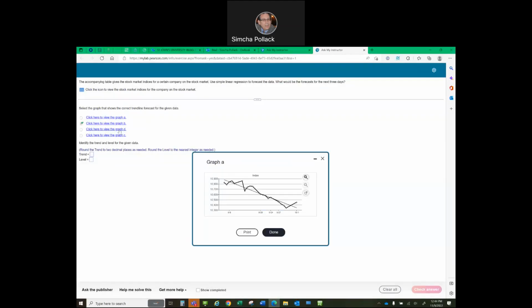It's not going down, that's wrong. It is going up. This looks like a good candidate. This one is going down, wrong chart. And this is going up, but the data seems to start out at 10,350, then go up, and that's not our chart. So the right answer is this one over here.